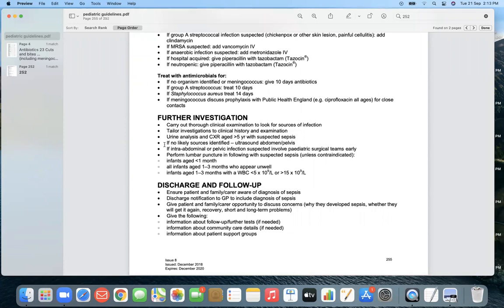We should remember this. When do you go for lumbar puncture in cases of sepsis? Age less than 1 month, you suspect sepsis, you will go. And in 1 to 3 months appearing unwell, or if the WBC count is less than 5,000 or more than 15,000.